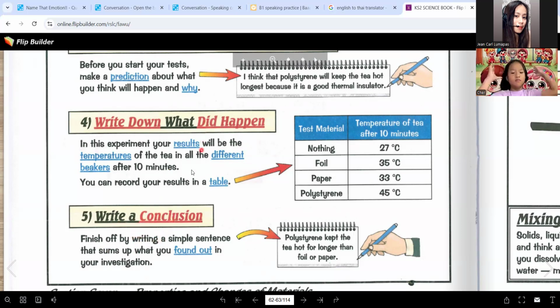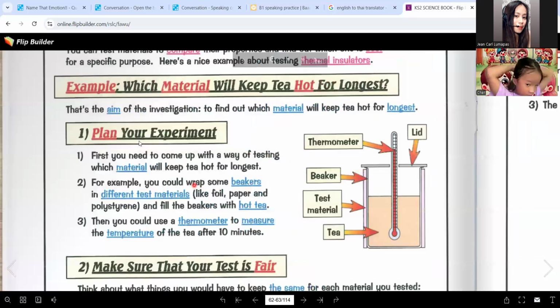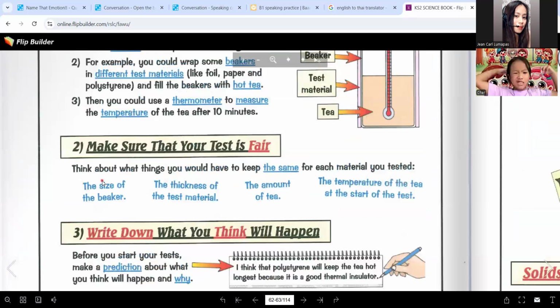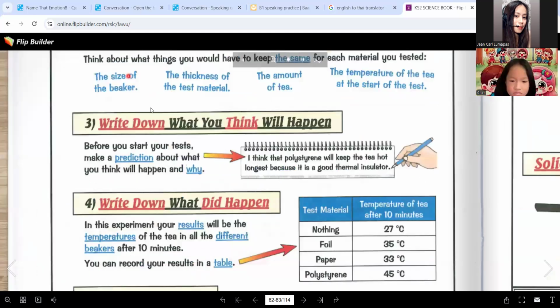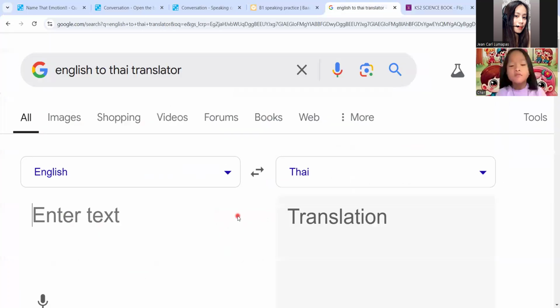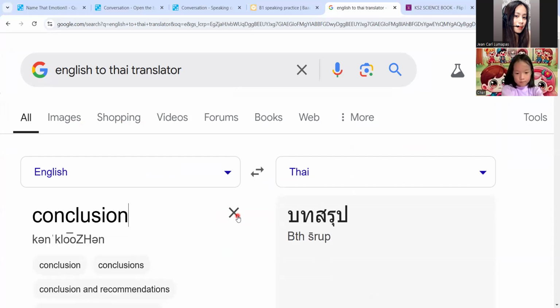So after number 1, after you plan your experiment, what material will you use? And then 2, you make sure that your test is fair so that your experiment is good. And then the last one is you have to write a conclusion. Do you know what a conclusion is?